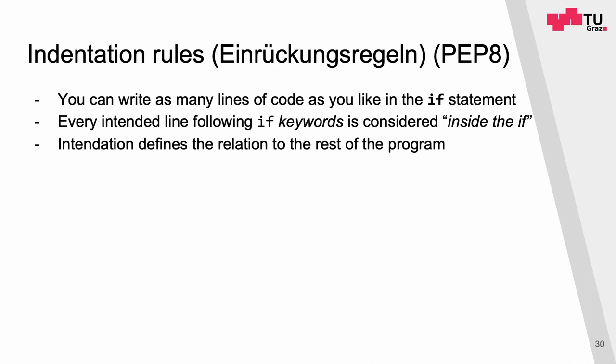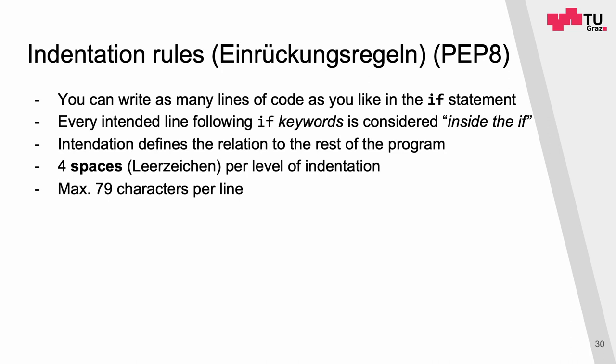The indentation defines the relation to the rest of the program. In the PEP 8 standard, you need to make 4 white spaces, or Leerzeichen, per level of indentation. And per line, you are allowed to have a maximum of 79 characters.